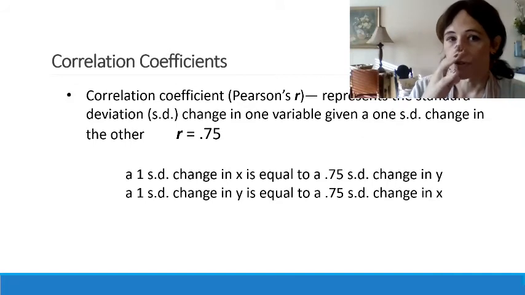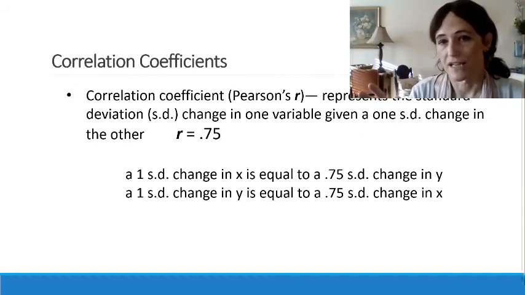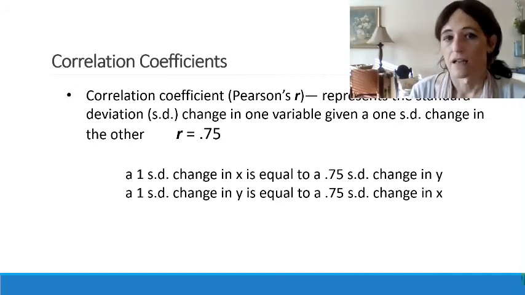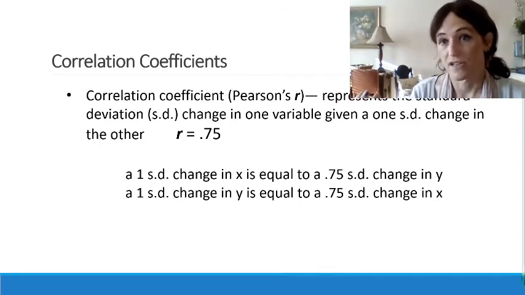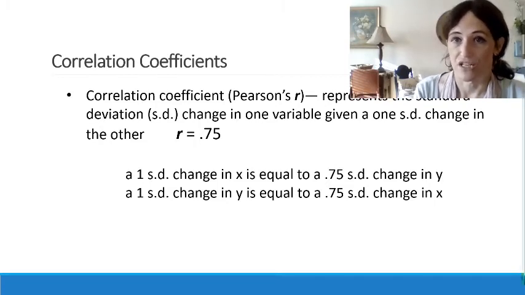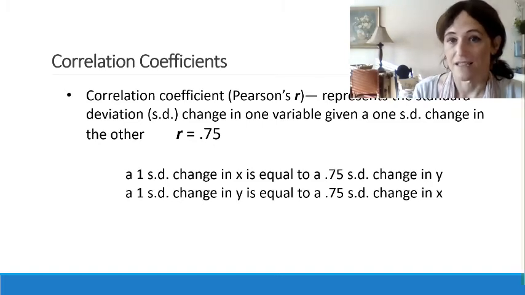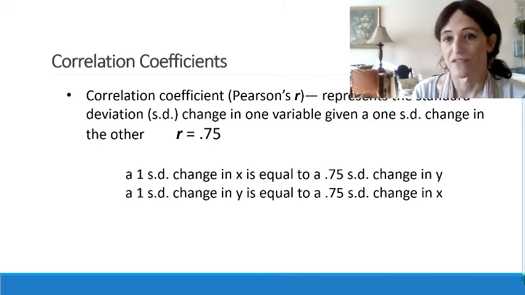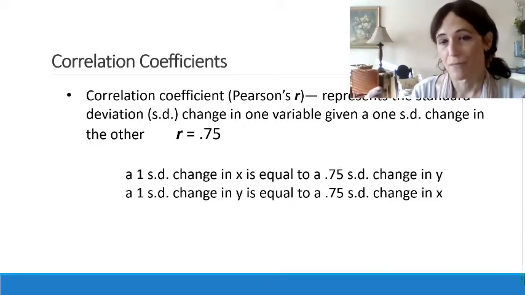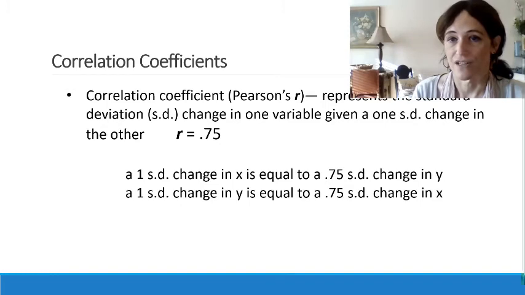And just as a review, Pearson's correlation technically represents what we would expect in terms of a standard deviation change in one variable given a 1 standard deviation change in the other. So a 1 standard deviation change in x is equal to a 0.75 standard deviation change in y if our Pearson's correlation is 0.75. The reverse is true as well: a 1 standard deviation change in y is equal to a 0.75 standard deviation change in x.